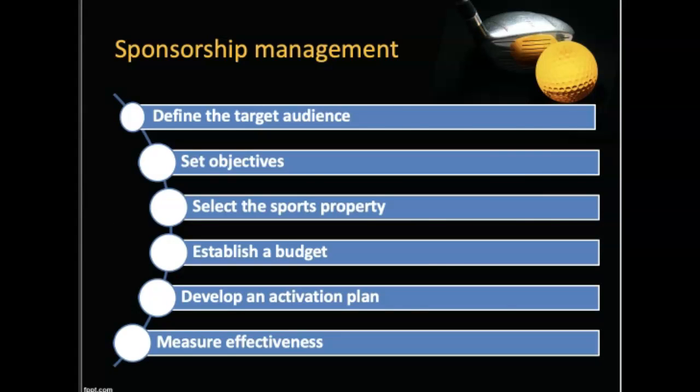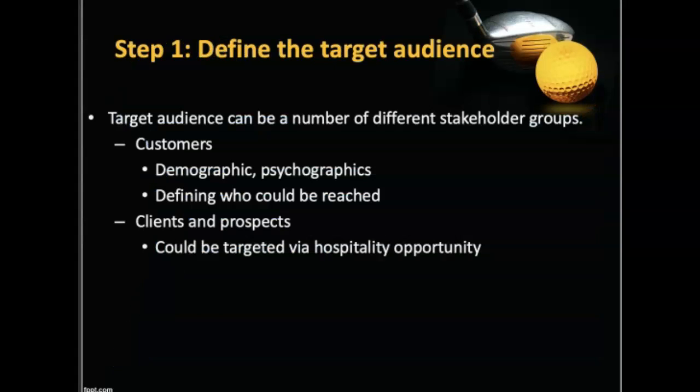First step, we have to identify target audiences and target markets. To identify the target audiences, there could be a number of different stakeholder groups. Some of them target particular customers, and there is multiple different information we will need.